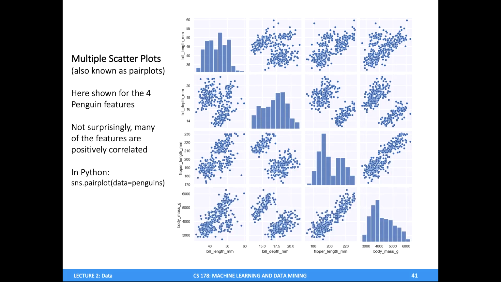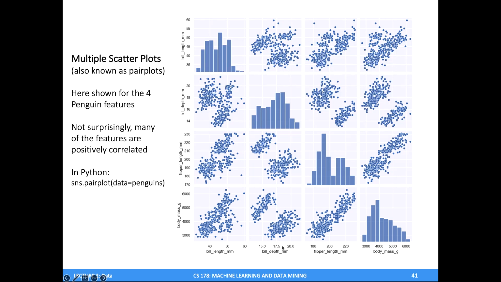So previously, when I showed you those scatter plots, we were just looking at two features at a time, comparing two individual inputs. But it's oftentimes useful to get a sense of the relationship between all the possible variables. So here what I've done is I've taken every possible attribute of my penguins and created a scatter plot for those attributes. So for example, in the bottom left, I'm looking at body mass versus bill length.